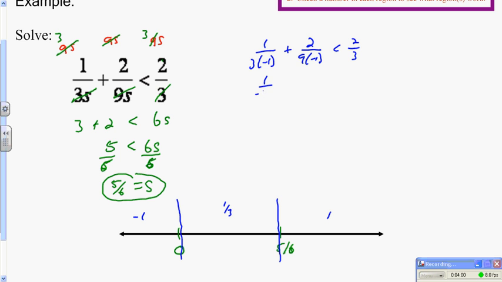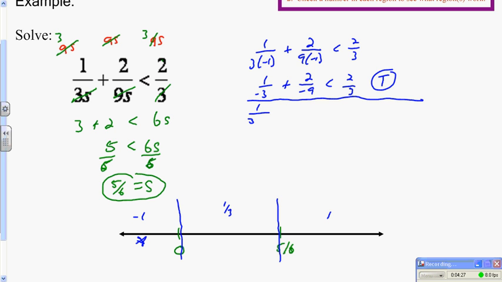So we get 1 over negative 3 plus 2 over negative 9 less than 2/3. I'm not going to worry about getting a common denominator here because I know it's a negative minus a negative, so it's going to stay negative, which means this is going to be a true statement. It will be less than a positive 2/3. So this section works.